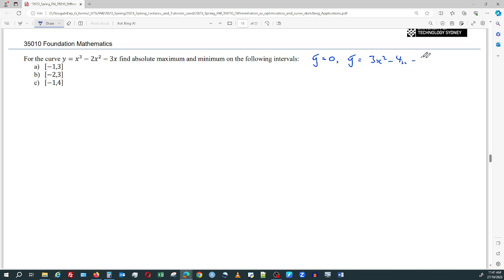3x squared, 2 2's are 4, x minus 3, so we have a quadratic. I'll do my usual thing. You can use completing the square, or you can use the quadratic formula. Everybody seems to like to do their own thing.